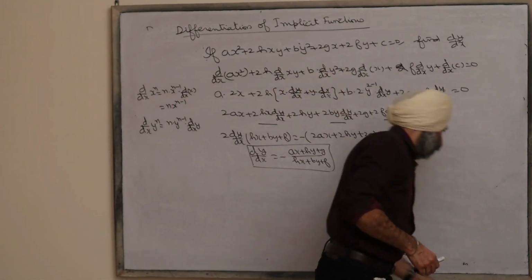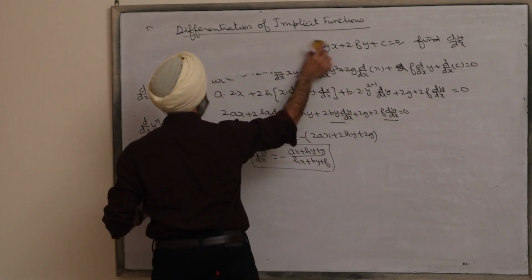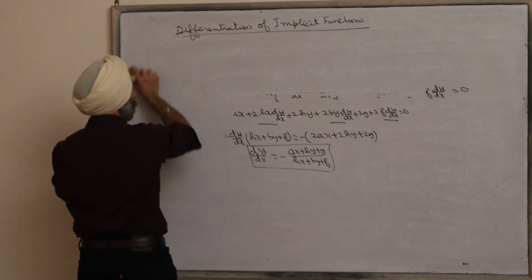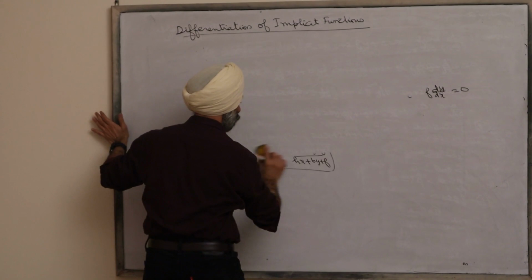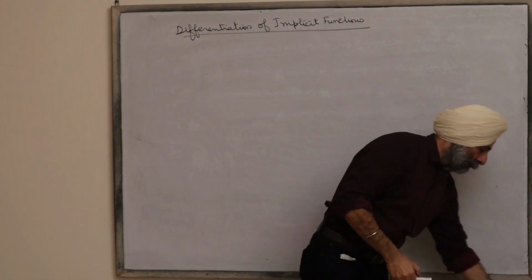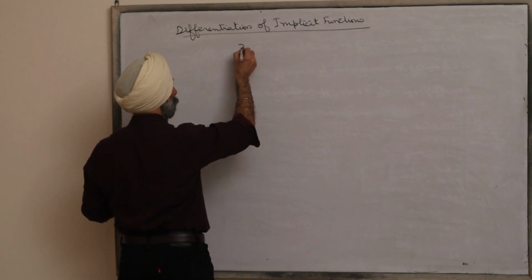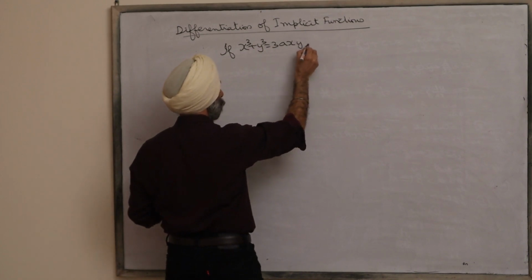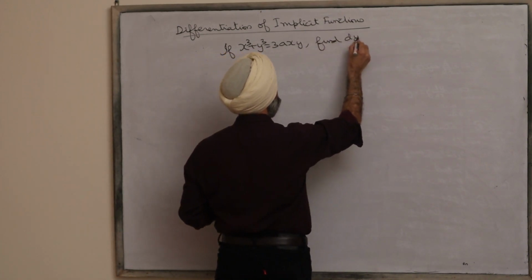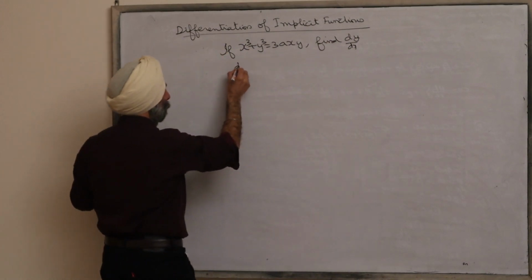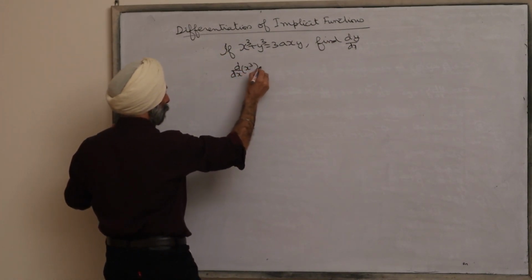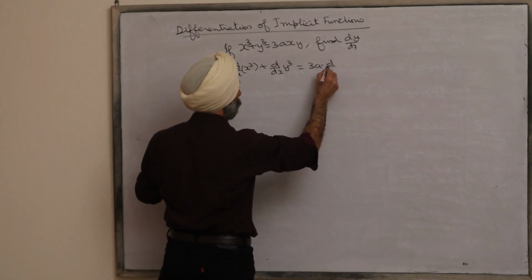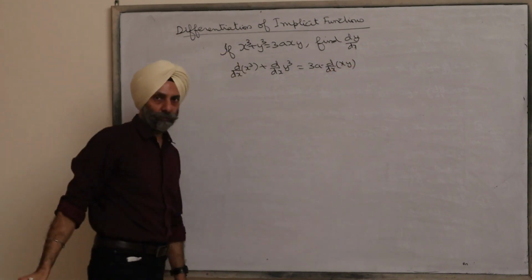Now for example, the next question is, if x cube plus y cube is equal to 3axy, find dy over dx. So differentiating both the sides, d over dx of x cube plus d over dx of y cube is equal to 3a times d over dx of xy.